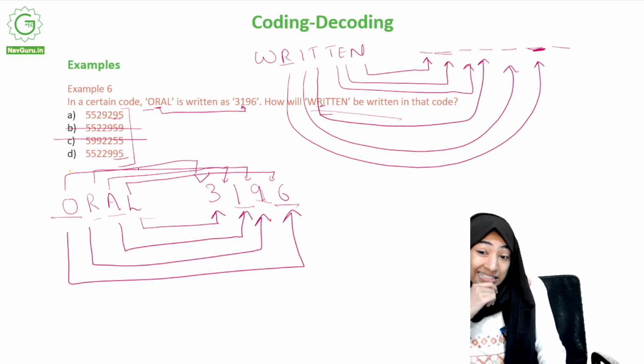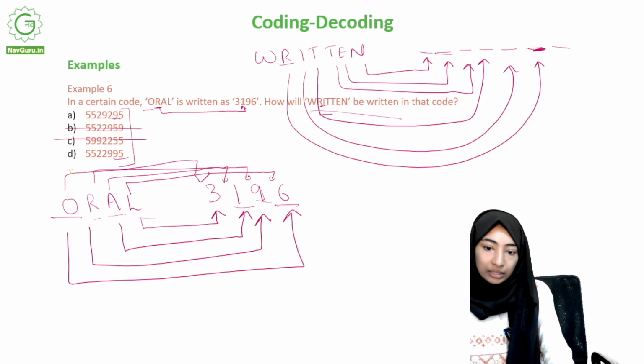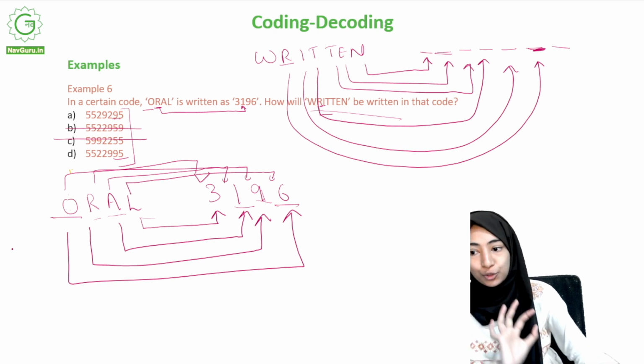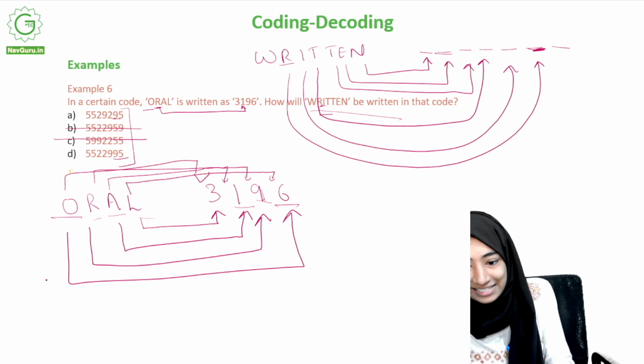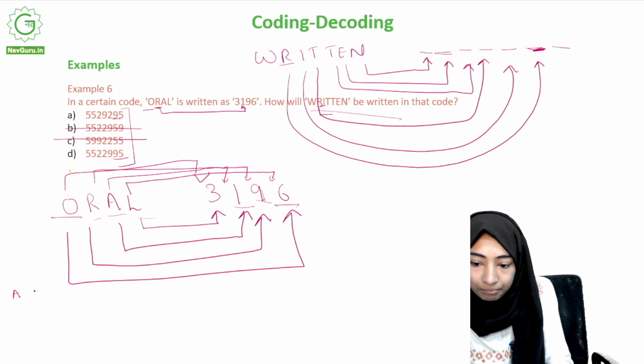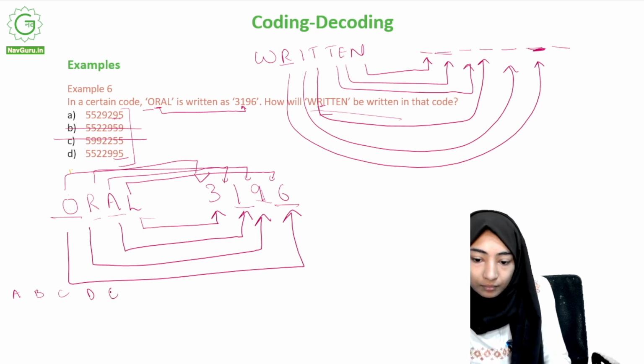Is there anything else? A, L, O are not of any use in written, none of these other things. So since none of the other things have been used, we can stick to our age-old method of writing this, right? A, B, I'll write it smaller this time.